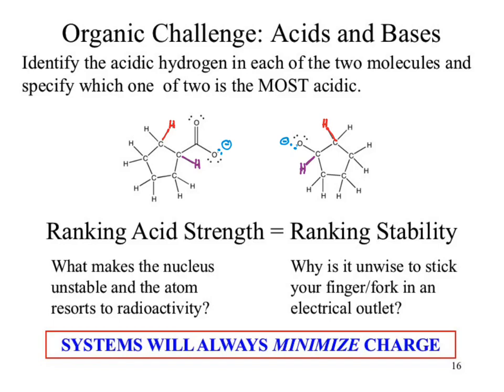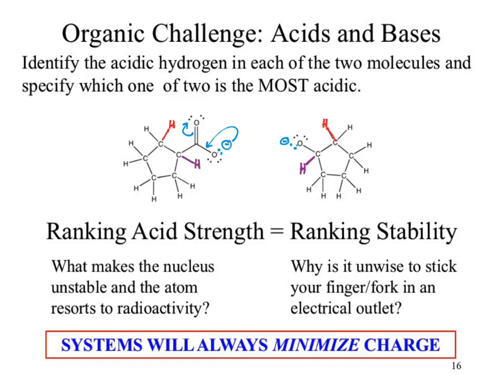I continue down my list, and the next one in my list is now I can evaluate resonance. Okay? And in that evaluation of resonance, what do I see? One does have delocalization and/or resonance, which means that structure becomes more stable.